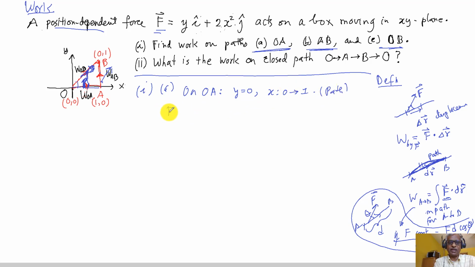And what is F dot dr? For every path, I'm going to get the formula. This is a dot product, and F is like that in i hat and j hat. So I would like to know what the dr is in i hat, so I can take the dot product. So dr in general is i hat dx plus j hat dy plus k hat dz, and i hat, j hat, k hat are unit vectors.